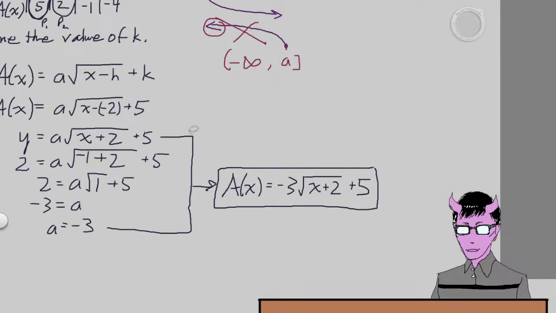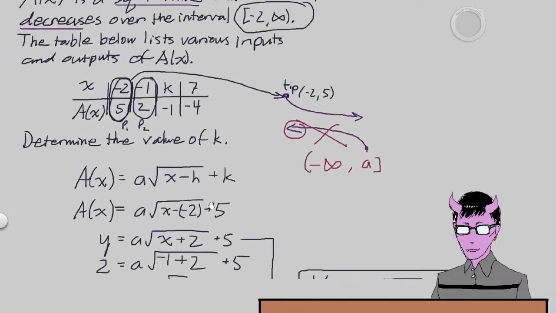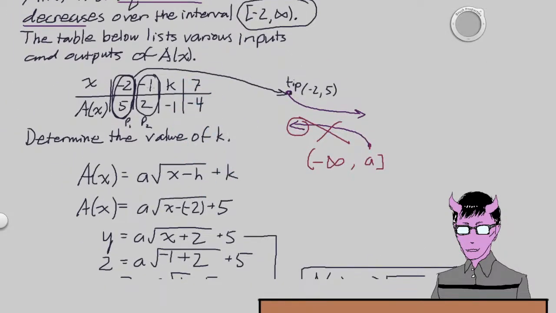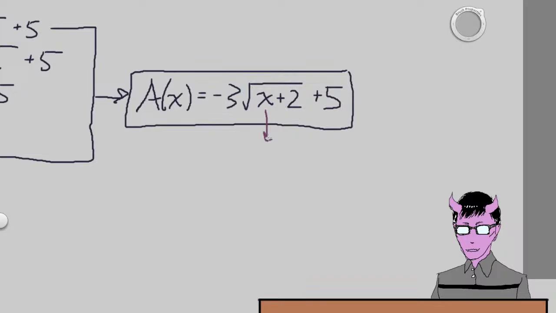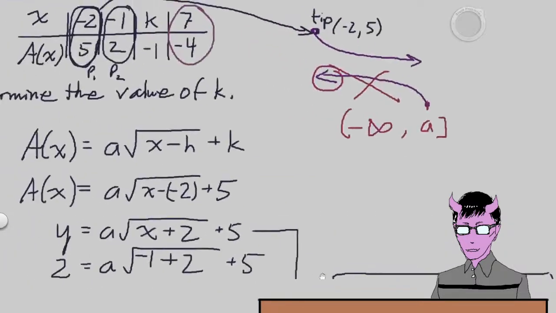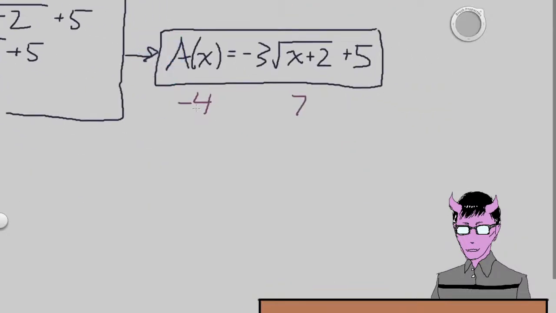So this is our function hypothesis. We should probably test it out. We're going to test it out using the third known point. So if x is positive 7, then y is negative 4. So we're wondering if this is legit.